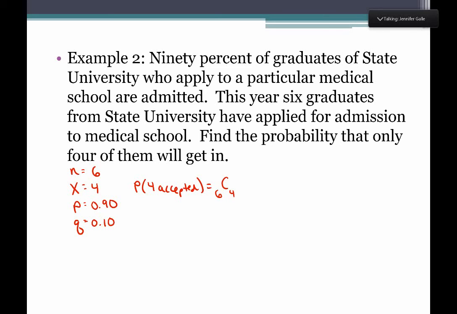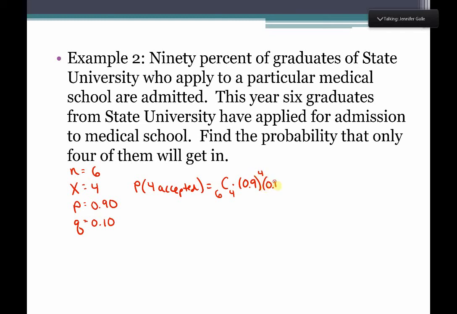Now we need that probability piece. Now we need that multiplication rule. So I have a 90% chance we're going to get in, and I need 4 of those. There's a 10% chance that they don't get in, and I'm going to have 2 of those.